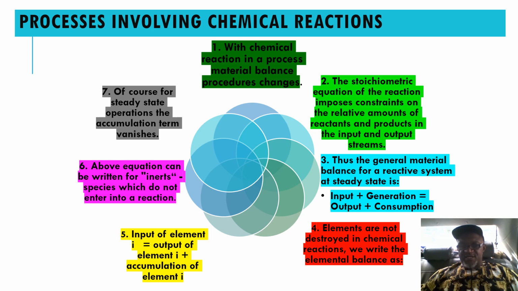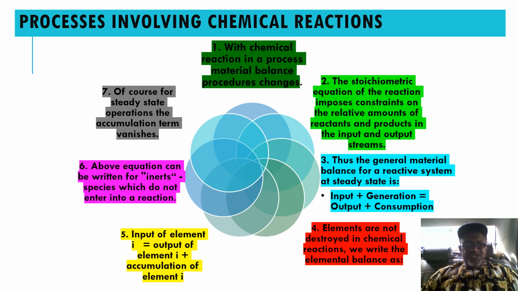Now, elements are not destroyed in chemical reactions. We write the elemental balance as input of element I equals output of element I plus accumulation of element I. Remember our law of conservation of matter.